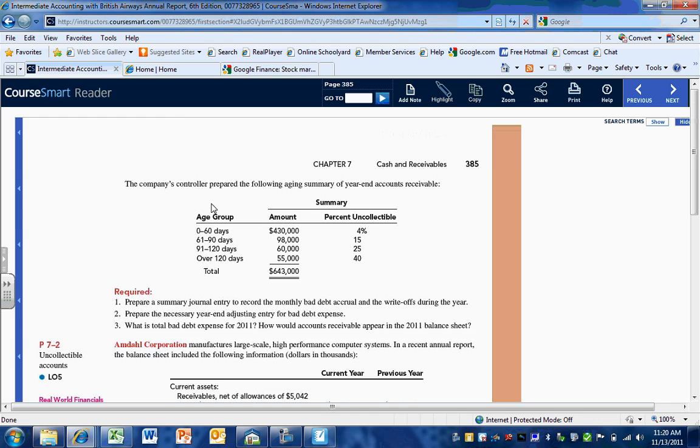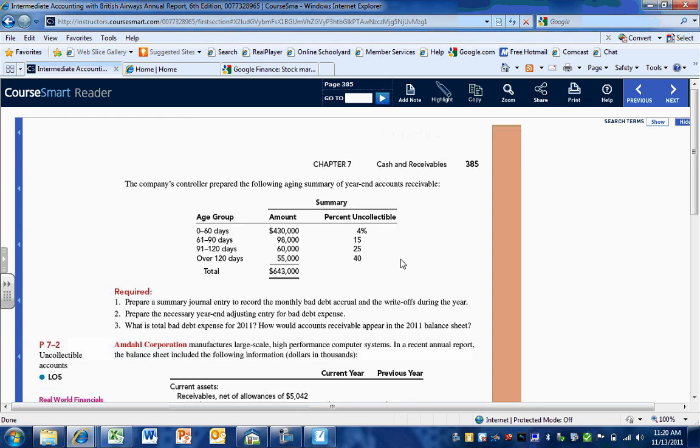Next, we have our aging report. It shows each category of account, 0 to 60 days, 61 to 90, etc., the amount that is in there, and the percentage that is uncollectible. So to get the total amount that should be allowed for the uncollectible accounts, you're going to take the total of each group and multiply it by the percentage.